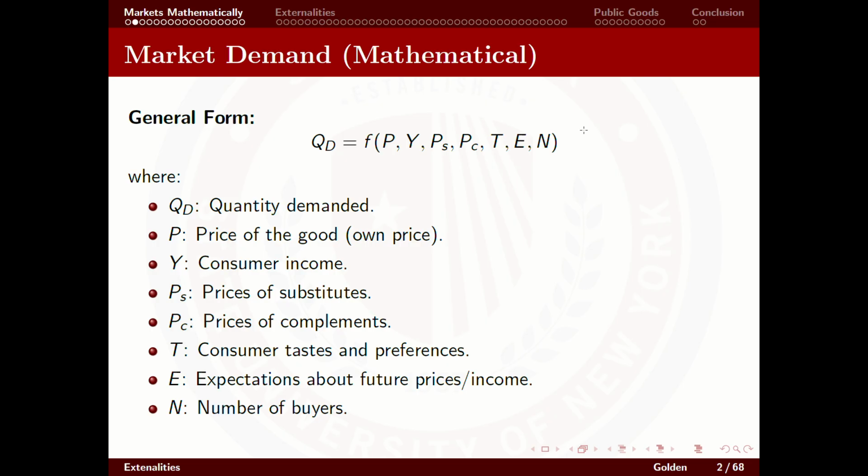In fact, interestingly enough, in this case, if you'll notice, price is in the function that determines demand rather than the other way around. So even though it's an equilibrium object, price really is the independent variable in economics.